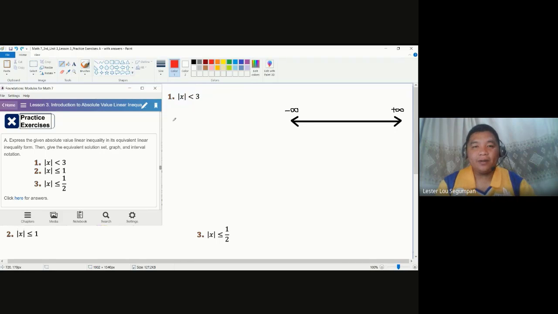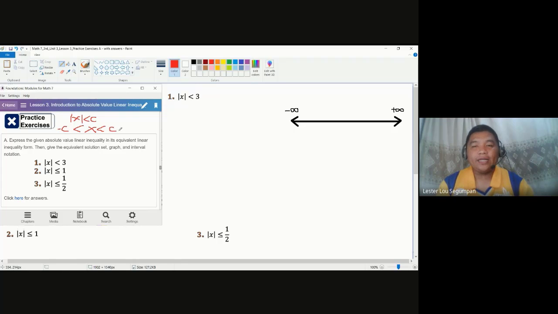If you can still remember, if we have an absolute value of any variable, let's say x, is less than, or you could also say less than or equal to, any constant c, the solution in linear inequality form are all values of x between negative c and c.